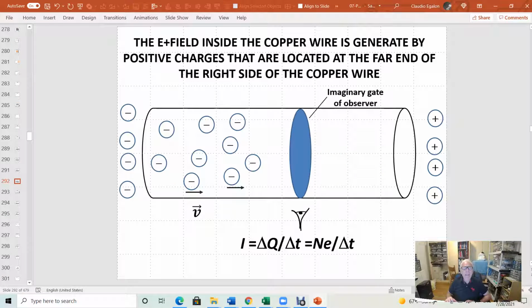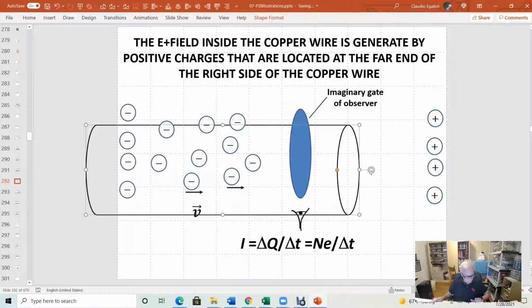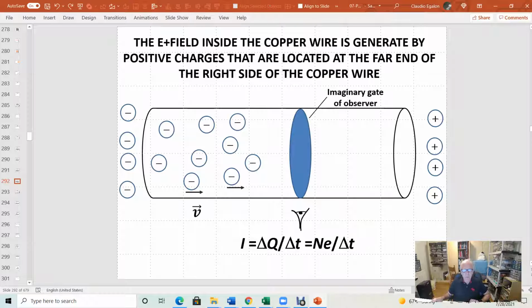What is the electric current? Here you go. I should have shown that to you before. Suppose that we put an imaginary gate here in this wire. A very good way to visualize. Here's the observer, someone with a big eye there. The gatekeeper is going to monitor how many electrons go through this gate.